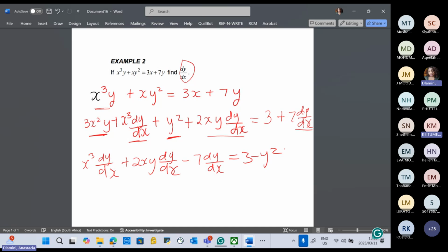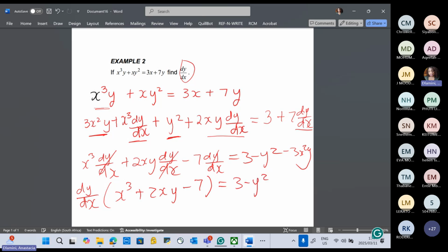This one doesn't have dy over dx minus 3x squared y. So then we take out, remember the taking out. We can only take out the dy over dx because we take it out here, here and here. So we remain with x cubed plus 2xy minus 7 equals 3 minus y squared minus 3x squared y.